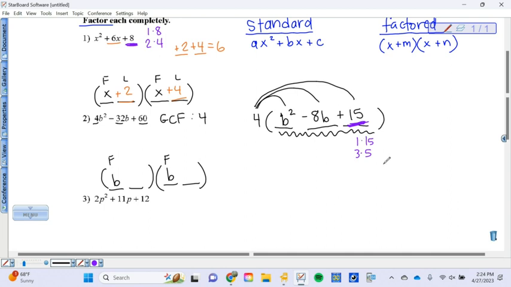How do I get to negative 8 with 5 and 3? Yeah, both have to be negative to get to negative 8. So that means I'm going to have B minus 5, B minus 3, and then this greatest common factor that I factored out, that 4, just goes out in front.